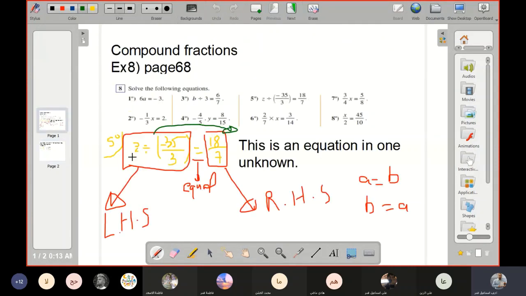Also, in this equation, we should say that the z is called what? The unknown, which is the value or the letter that we are going to find its value.